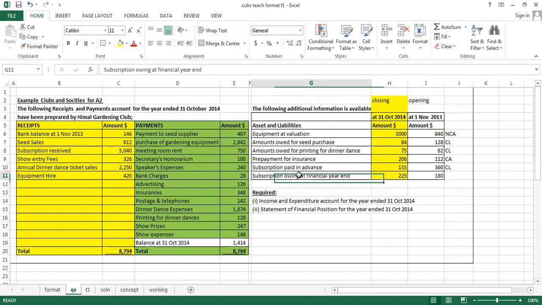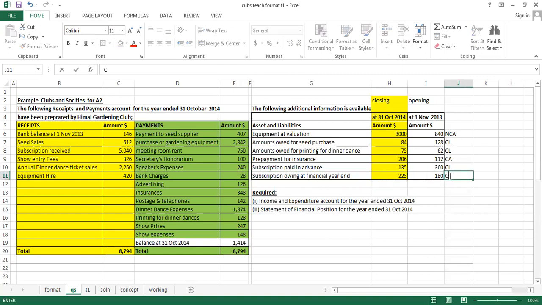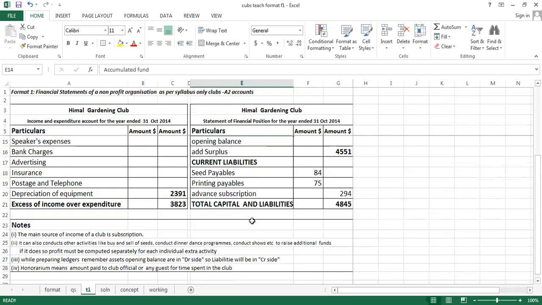Then there's the next one, subscription owing at the financial year end. Now this is subscription receivable, that is income receivable, that would be your current asset. So notice that one is current liabilities, the other is current asset. The subscription paid in advance is advance subscription. I'm going to place it in current liabilities. Here you can see advance subscription under the heading of current liabilities.